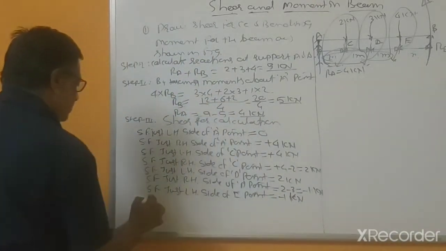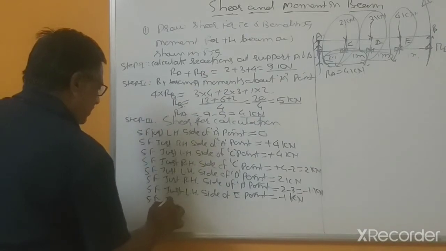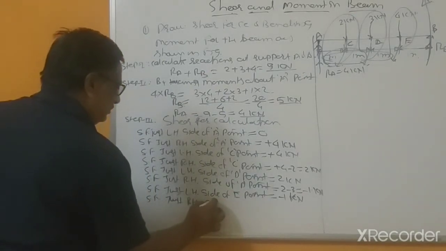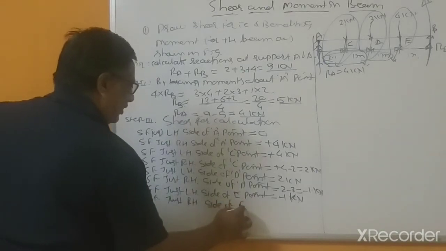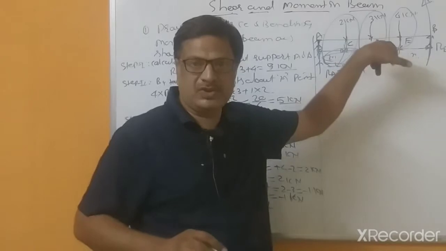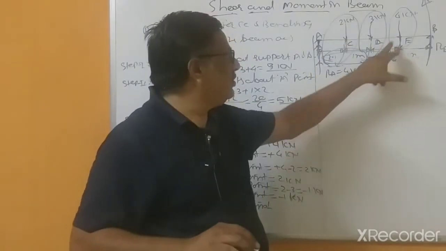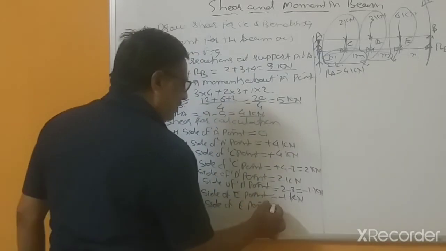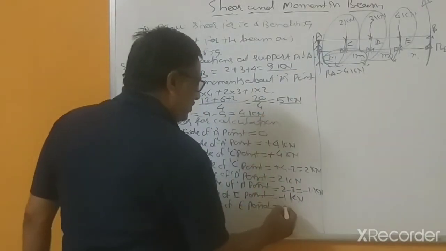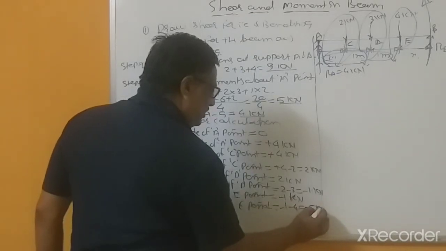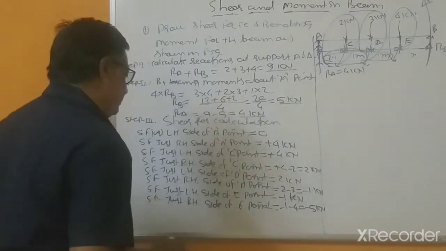Now shear force just right hand side of E point. Now the effect of the 4 kilonewton has to be considered in the calculation of the shear force, just right side of the E point, and this is downward, so minus 1 minus 4 equal to minus 5 kilonewton.